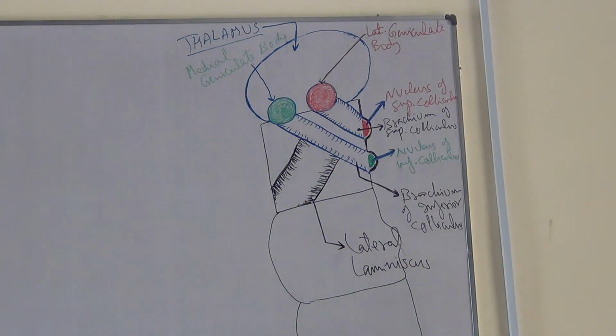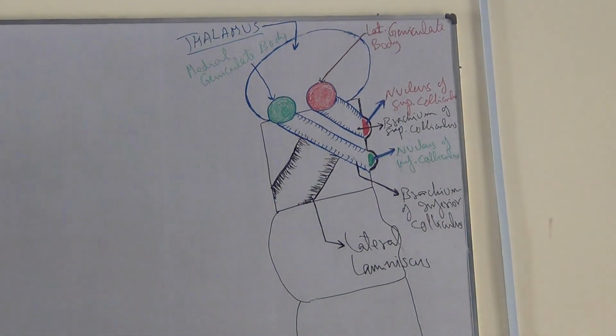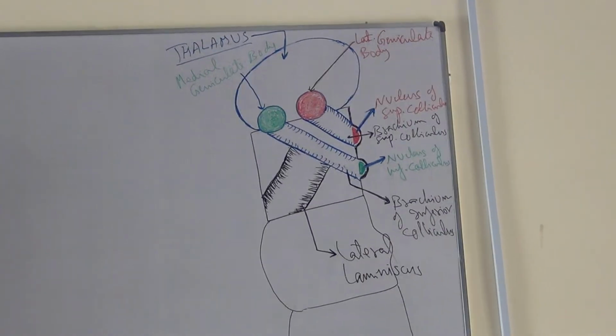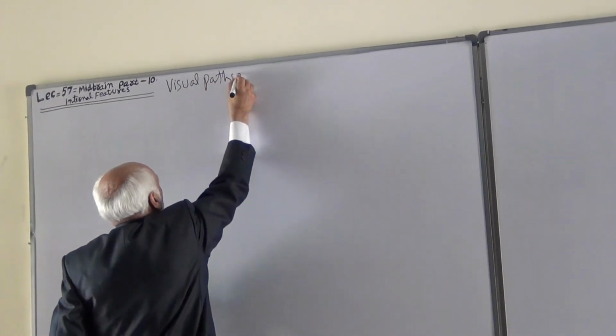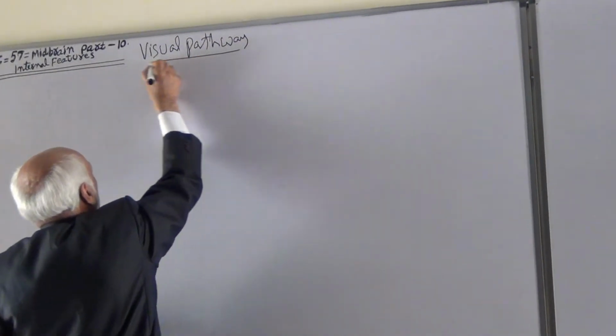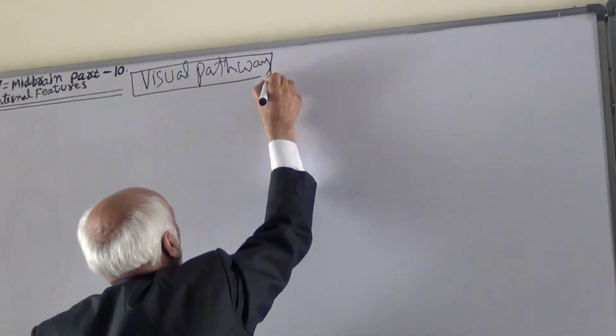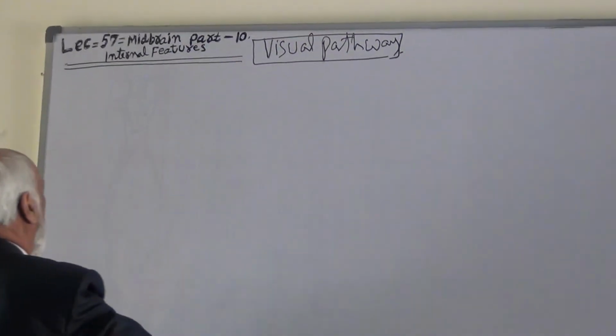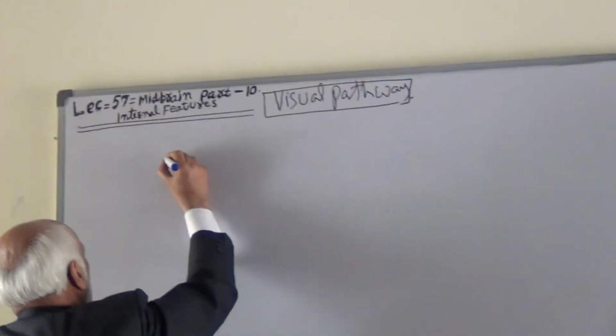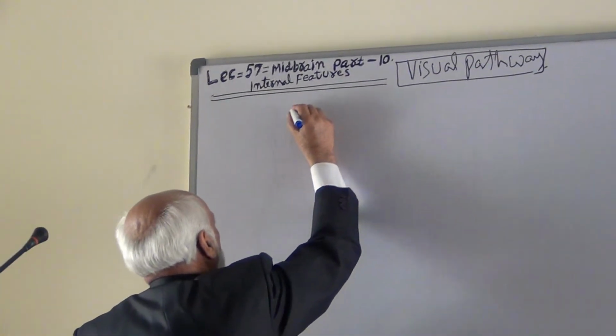Now, first of all, we will talk about the visual pathway. Now, I will draw various parts of the visual pathway.